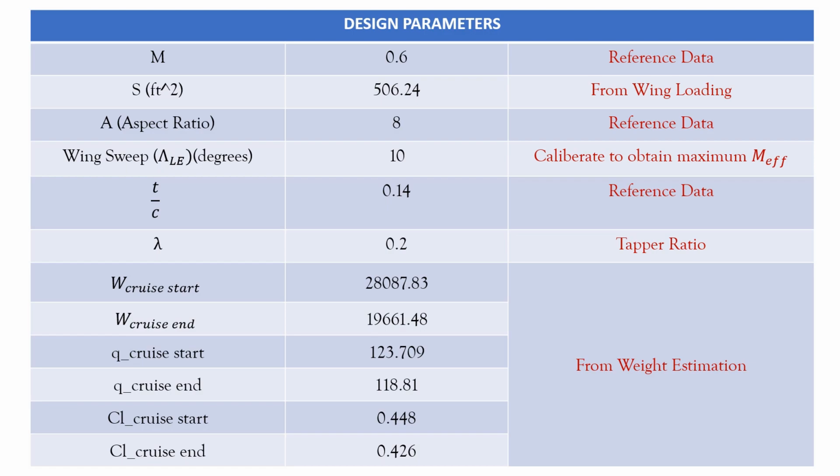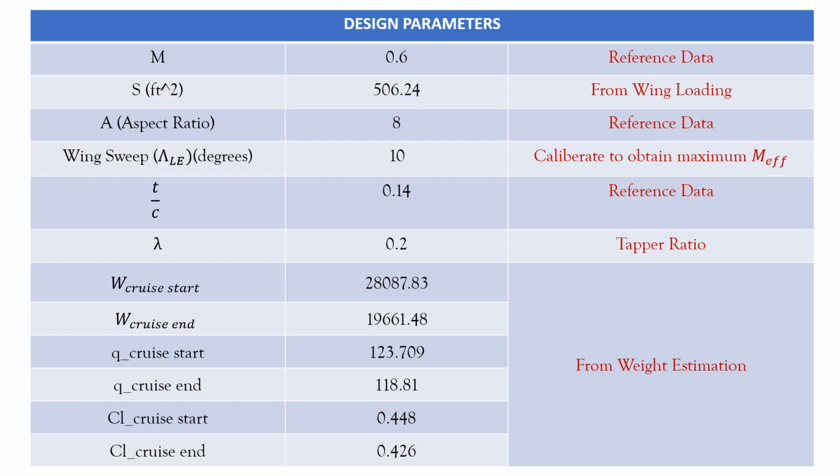So based on the wing design and dynamic pressure, the CL cruise has a range of 0.448 to 0.426. So we can select any NACA series airfoil which provides a drag bracket that encompasses this range of CL.